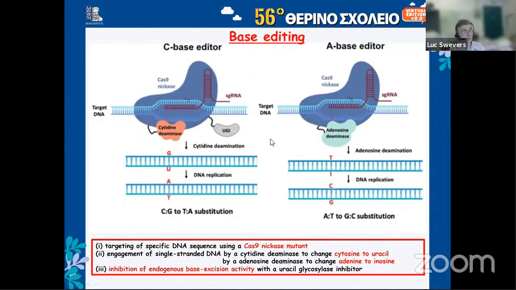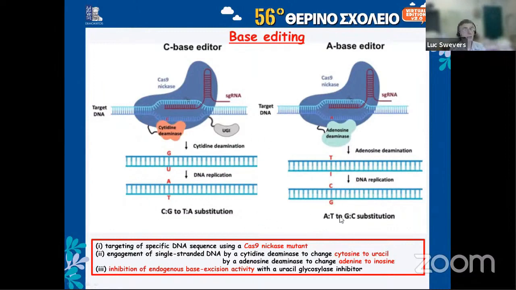And this provides the opportunity for cytidine deaminases or adenosine deaminases to modify the bases in the single-stranded DNA strand. More specifically, cytidine deaminases convert cytosines to uracil, while adenosine deaminases convert adenine to inosine.